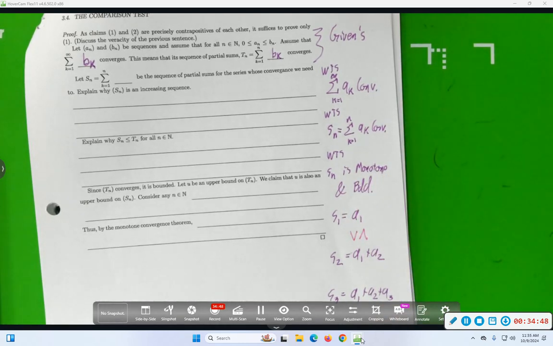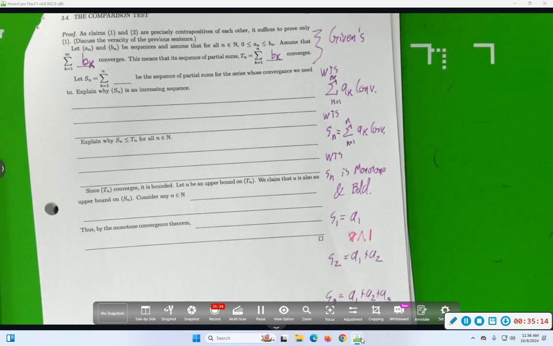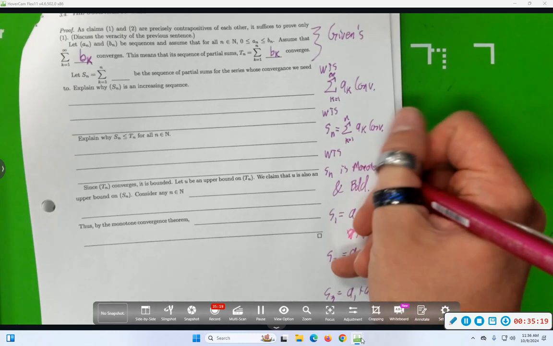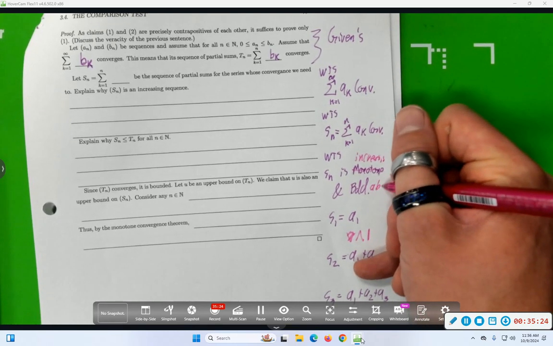Which one of those two is bigger? S2. So for that to be the case, I guess A2 has to be positive. Is that an assumption in this theorem? Yeah, I guess bigger than or equal to 0, but that's good enough to get us that, which is all monotone convergence needs. Does it keep on getting bigger when I add another term? Nice. So it looks like I, in fact, want to show it's increasing, which means I'm good enough with showing it's bounded above.